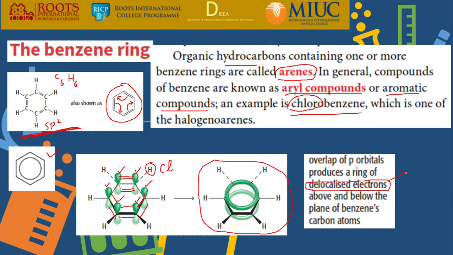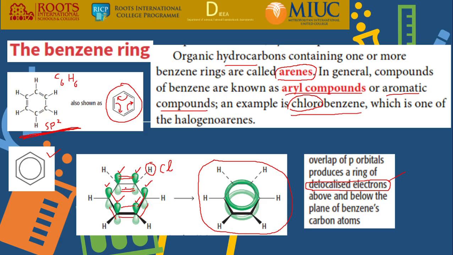We know metals contain delocalized electrons, and that is the reason why metals are conductors for heat and electricity. But these delocalized electrons, as we see in benzene ring, are not the same as we find in metals.